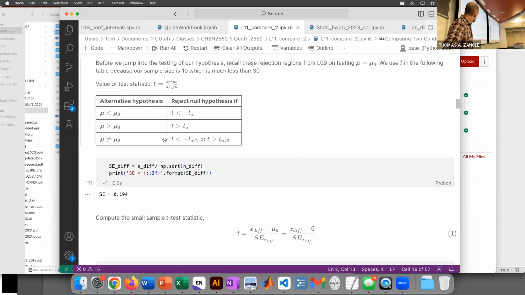And we see that, in fact, our t-statistic value was minus 3.1. It is, in fact, less than minus 2.26, and therefore we are going to reject the null hypothesis. Does that make sense? So this is entirely equivalent to computing a p-value first. You can do it either way.